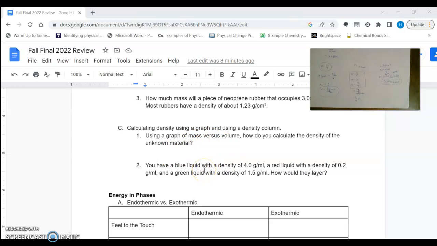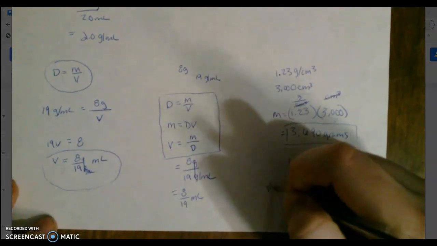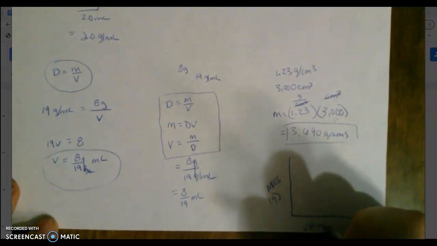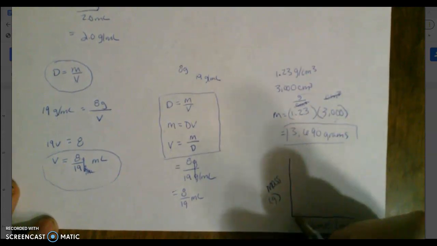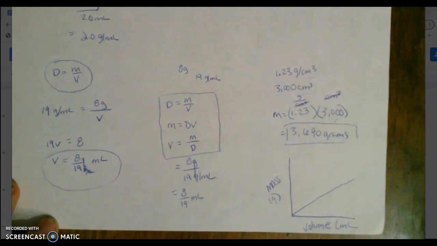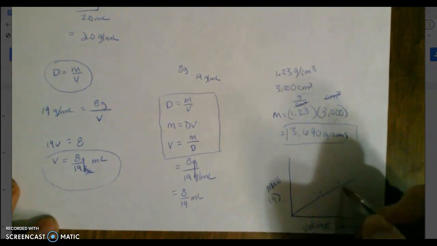And so with mass versus volume, we calculate the density of the unknown material by calculating the slope, because in that graph, you've got the y-axis as mass and the x-axis as volume, mass in grams and volume in milliliters. And so you're going to end up with a line that looks something like this. Obviously, this is a sketch. Most of the data points should be fairly close to this line.